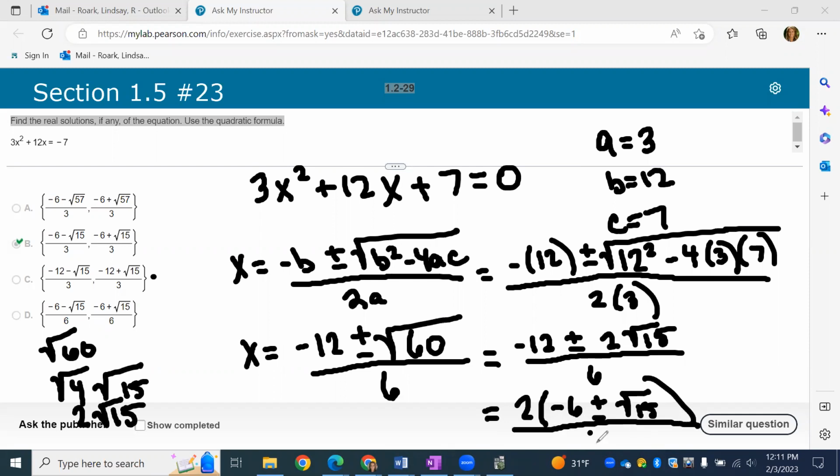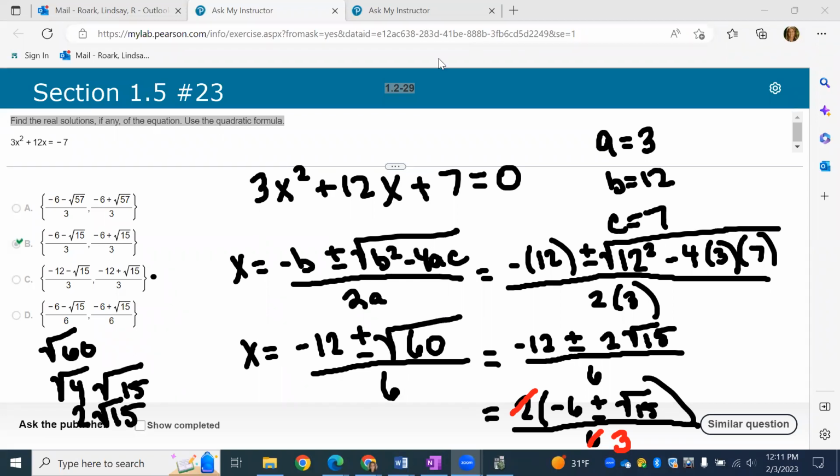And from here, this is the other option. Instead of splitting it up into 2 fractions, now I can cancel 2 and 6, because 2 divided by 2 is 1 and 6 divided by 2 is 3. So that's where they would get the option that they're looking for, which is negative 6 plus or minus the square root of 15, all divided by 3.